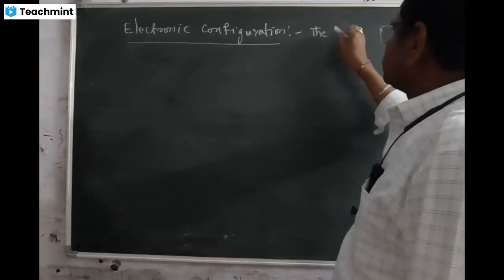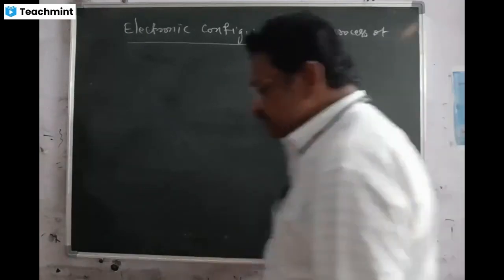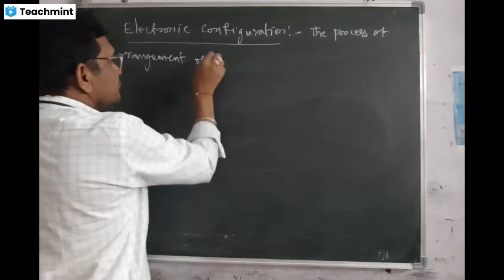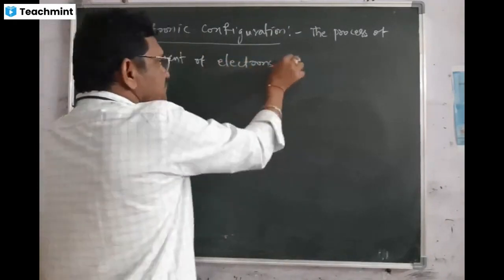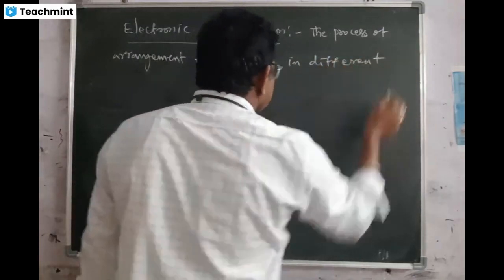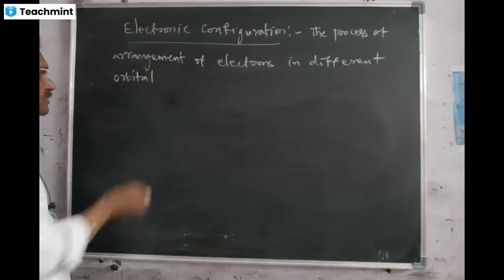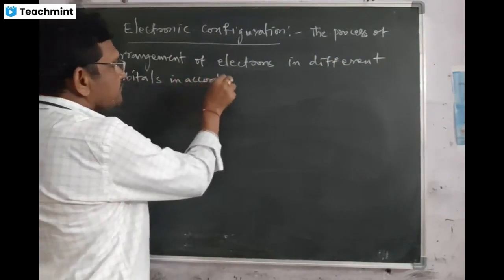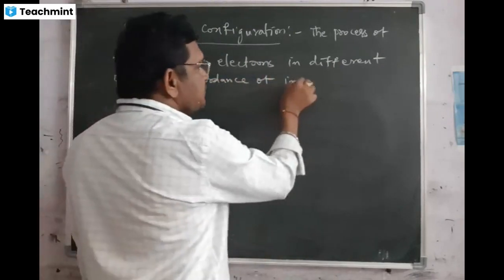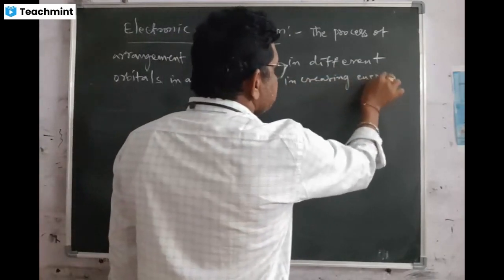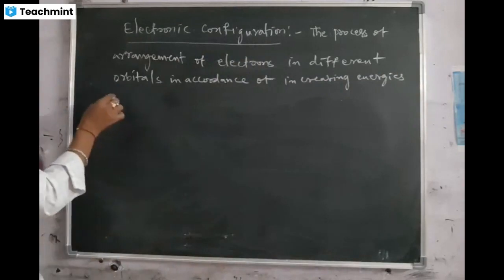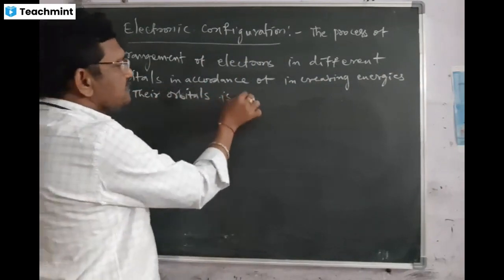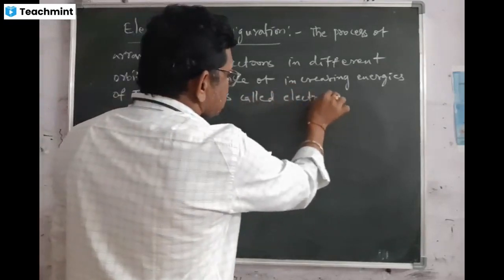The process of arrangement of electrons in different orbitals in accordance with the increasing energies of their orbitals is called electronic configuration.